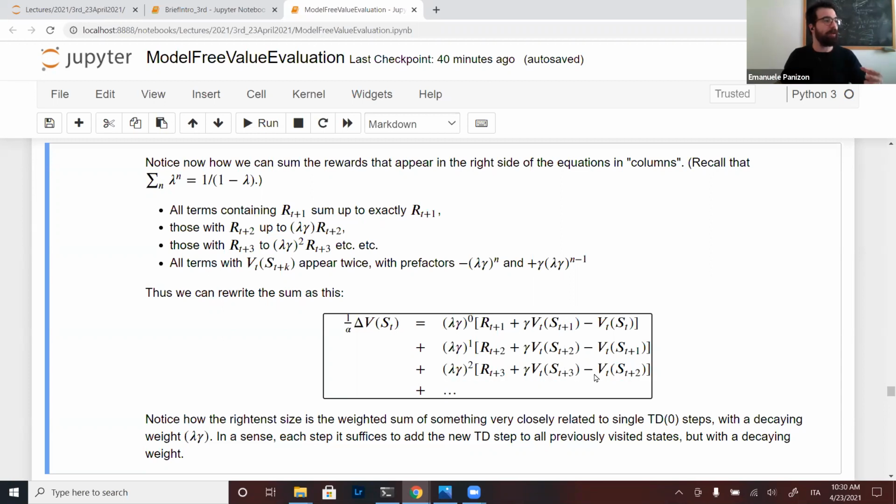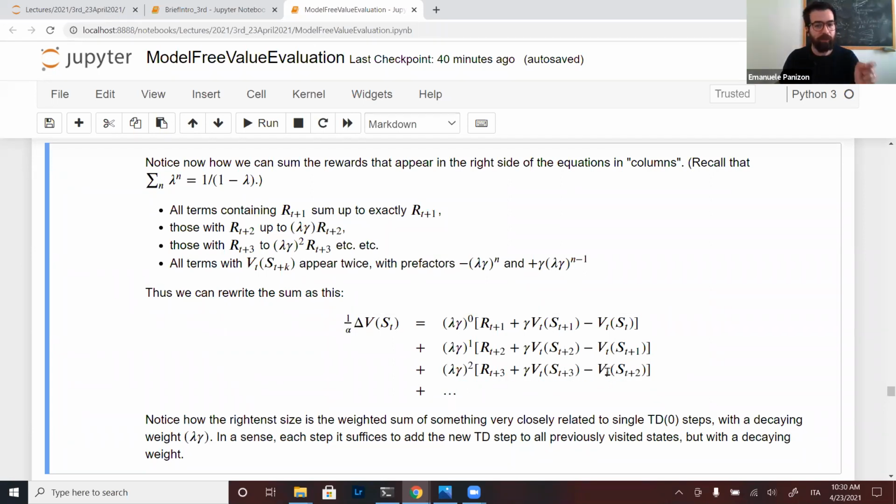Okay, so you are somewhere, you calculate what the delta is, because I was here and I did this action, I got a reward, and this is my new value. So this is delta, which usually enters in the calculation of only the value of s t plus 2, but instead we use the same delta, which normally is used only for s t plus 2, also for s t, but with a very small factor. Okay.